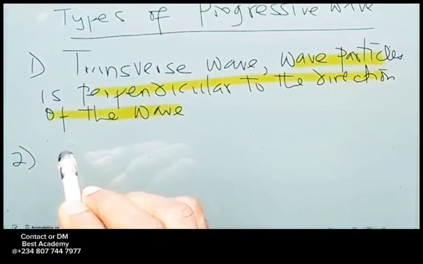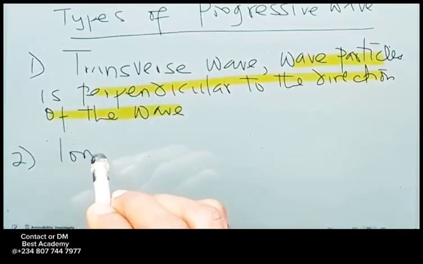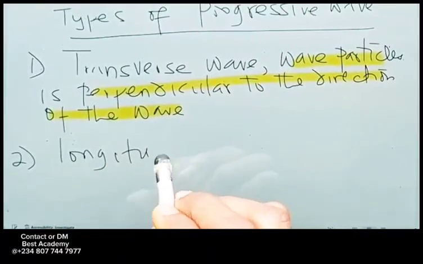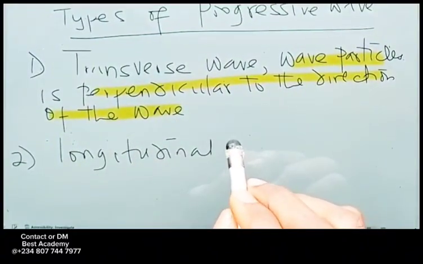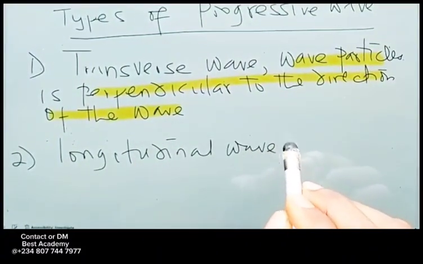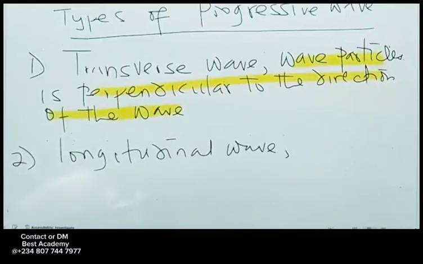We call this the longitudinal wave. Whenever the wave particle is parallel, or along the direction of the wave, we call this type of wave a longitudinal wave.